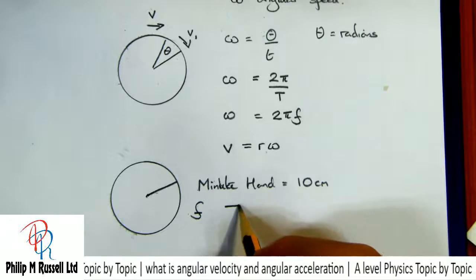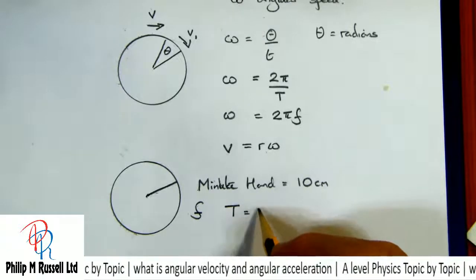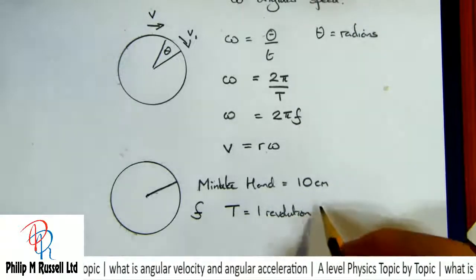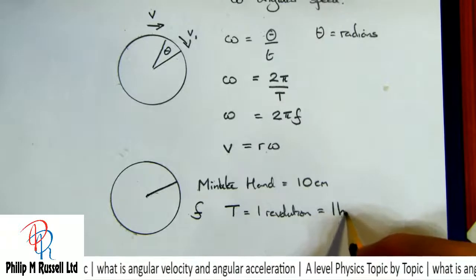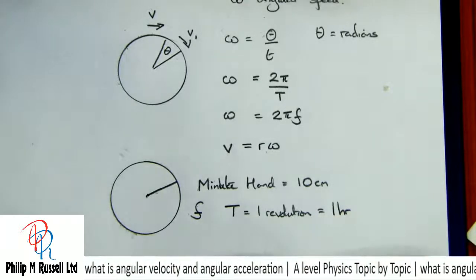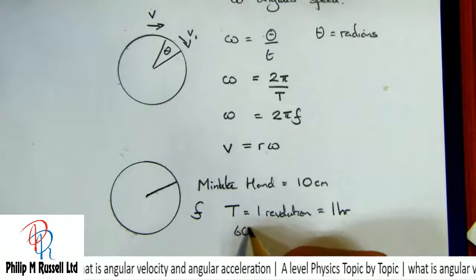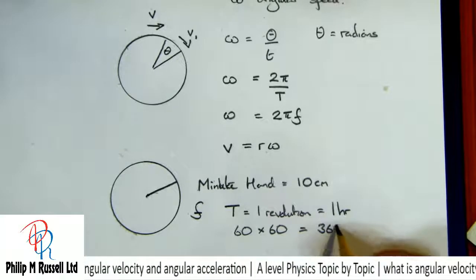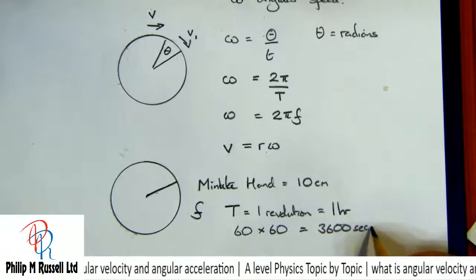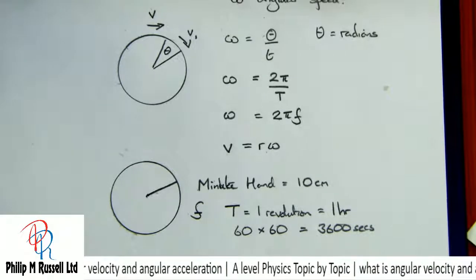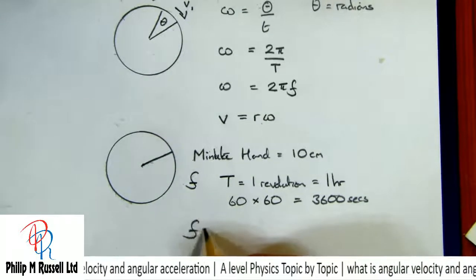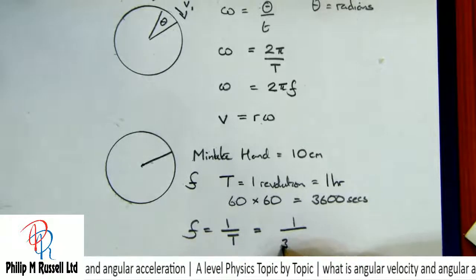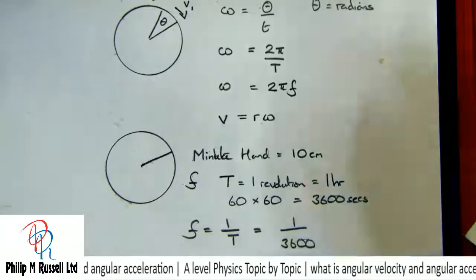Well, I know that T equals 1 revolution, and that equals 1 hour. So it's going to be 60 times 60 to get it into seconds, which is going to give me 3,600 seconds. And what we want to work out then is my frequency, which is 1 over T, which is going to be 1 over 3,600.